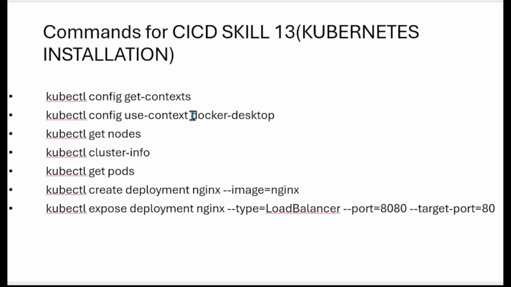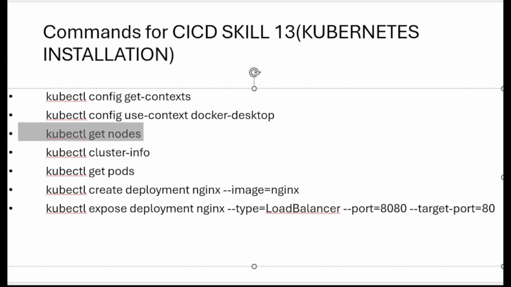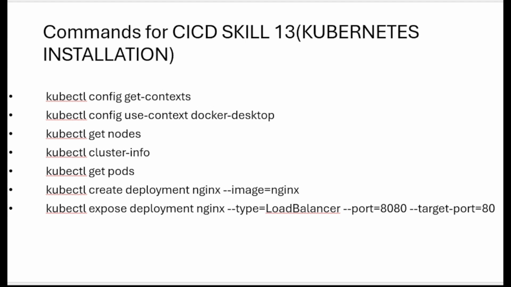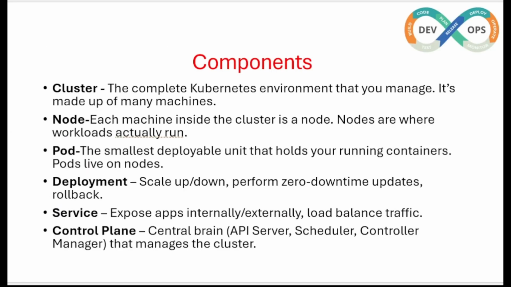We are specifying docker-desktop as the context name, so it is using Docker Desktop as the application. Then kubectl get nodes. What did we discuss about nodes? A machine inside a cluster is a node.